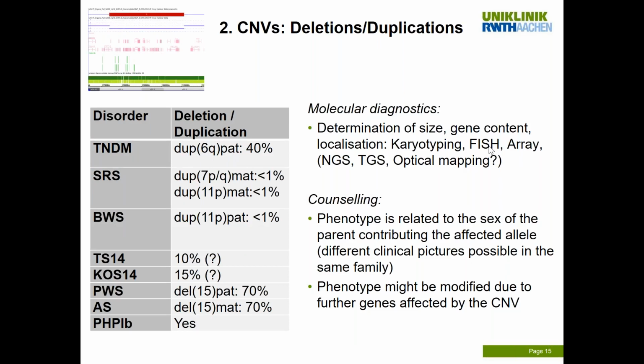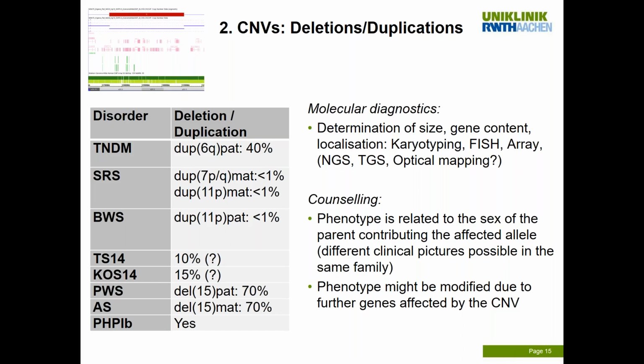The problem with deletions and duplications in imprinting disorders might be that not only the imprinted region is affected by the deletion or duplication, but that the deletion might also comprise larger regions, including other genes, and thereby the phenotype might become altered.